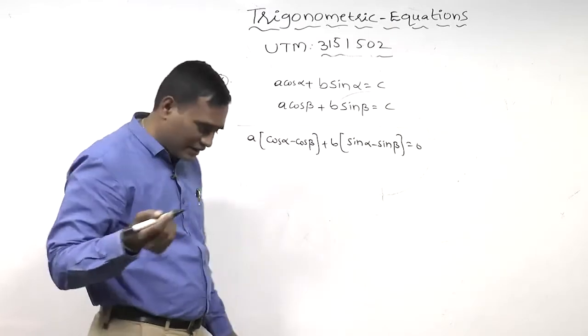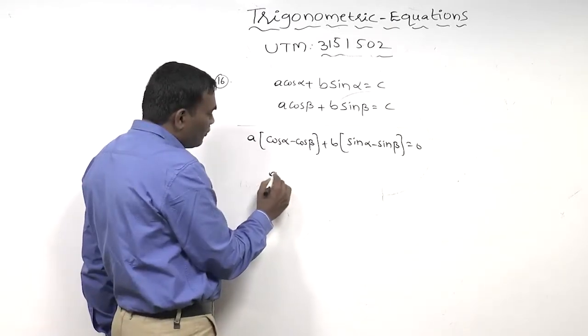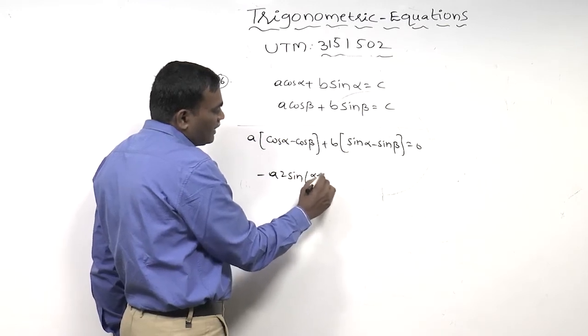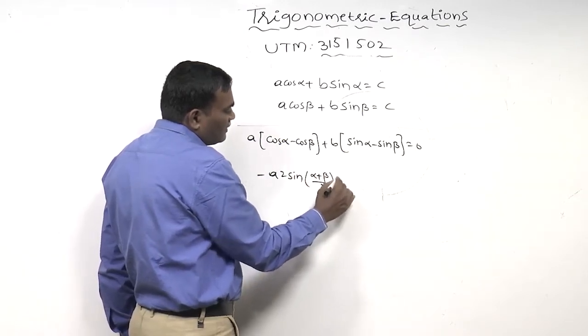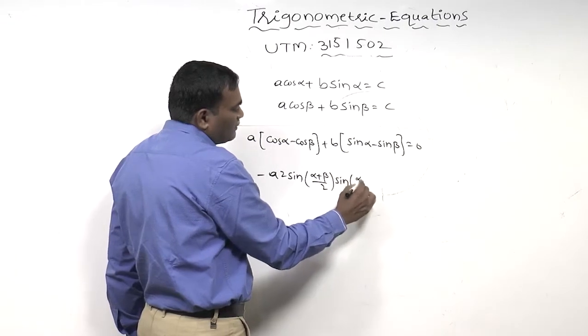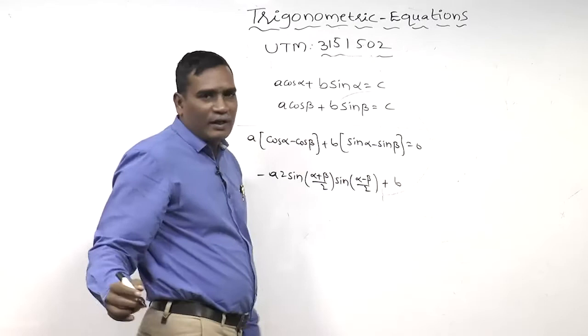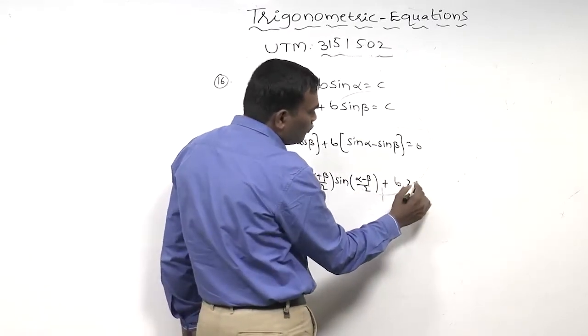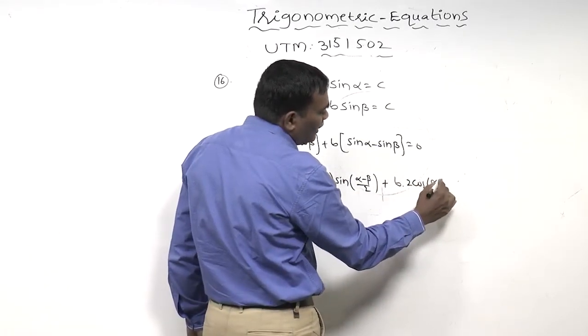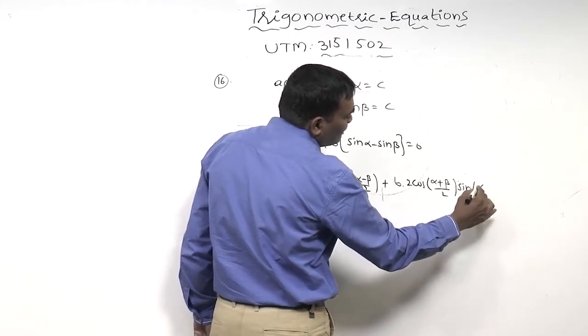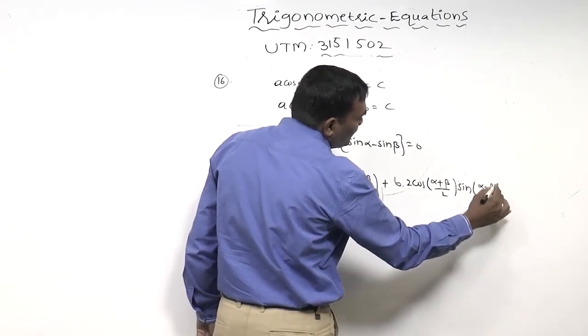Here cos c minus cos d gives a into minus 2 sin alpha plus beta by 2 sin alpha minus beta by 2, and b into sin c minus sin d, that is 2 cos alpha plus beta by 2 sin alpha minus beta by 2, is equal to 0.